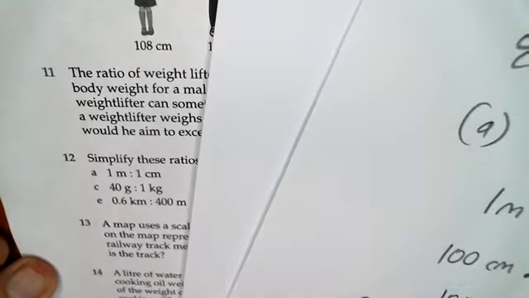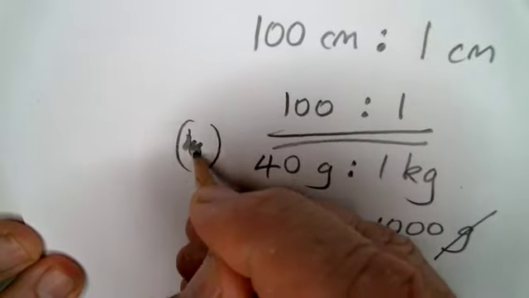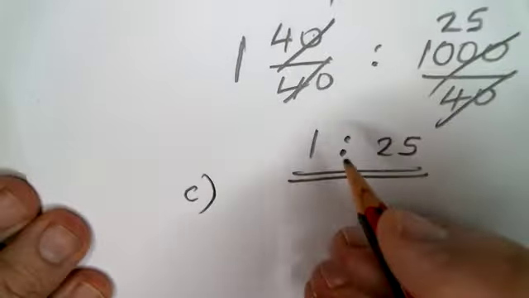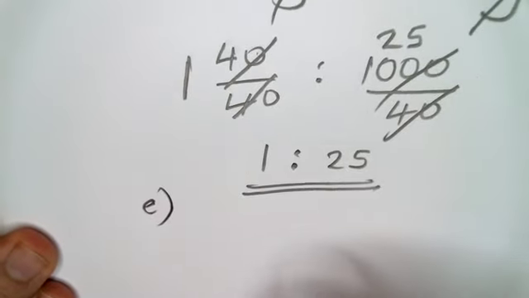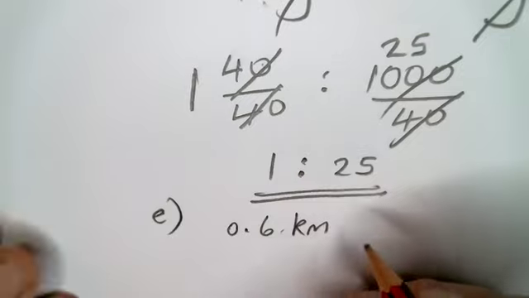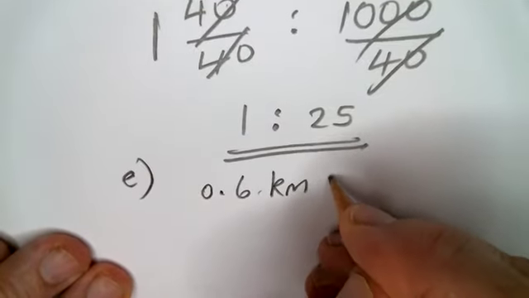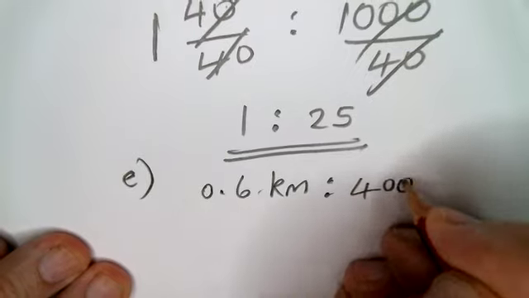The last one was A, this is C, and this is E. So I've got 0.6 kilometers and 400 meters.